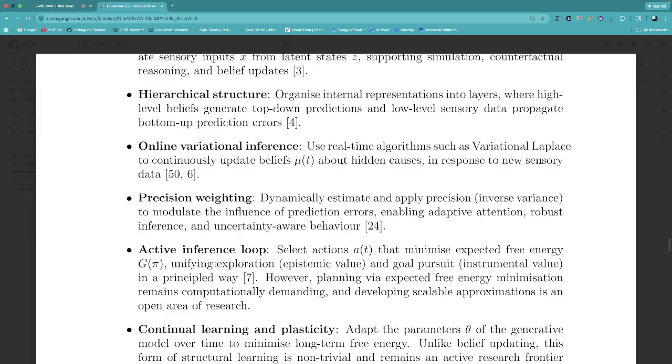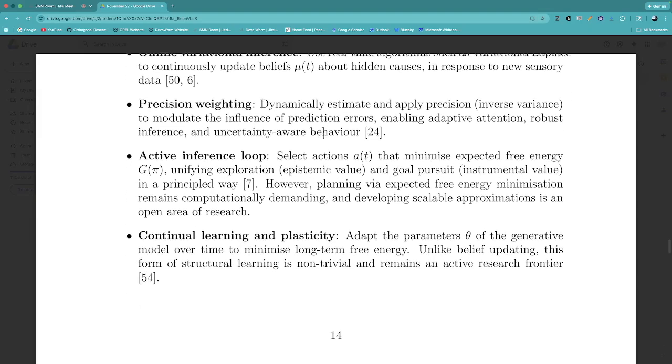Precision weighting. Then we have this active inference loop, which selects actions a_t that minimize expected free energy, G(pi), unifying exploration, which is the epistemic value, and goal pursuit, which is the instrumental value, in a principled way, which I don't know if that's really true, but yeah.